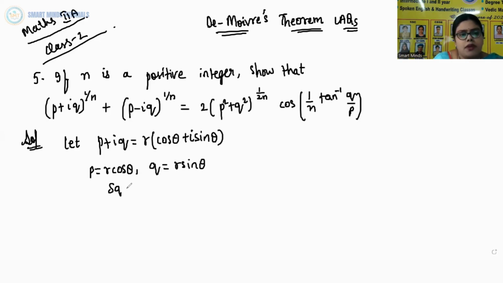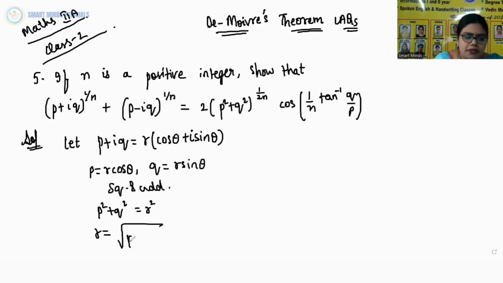Now if we square and add, what do we get? p square plus q square is equal to r square, because cos square theta plus sin square theta is 1. So r is equal to root over p square plus q square.